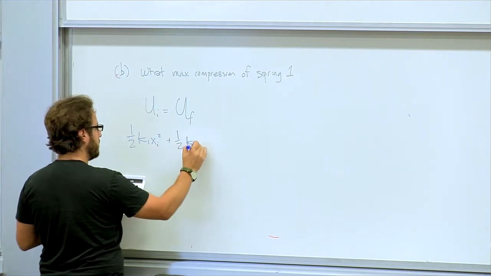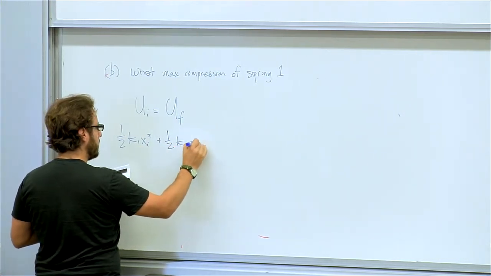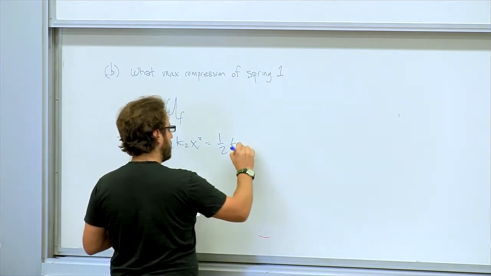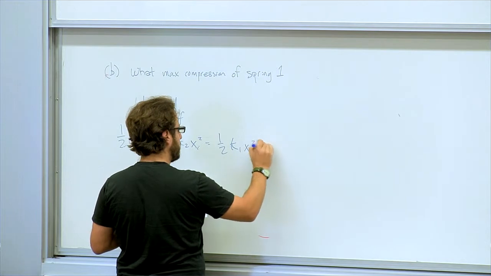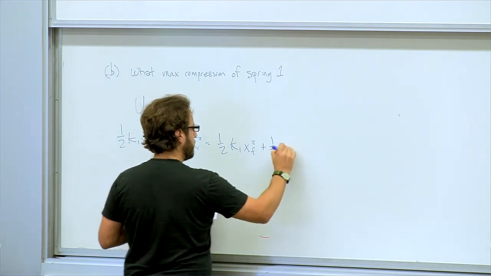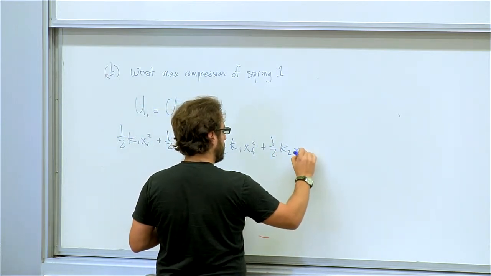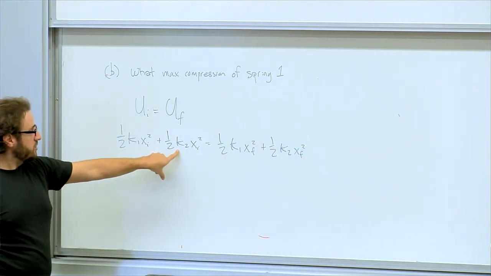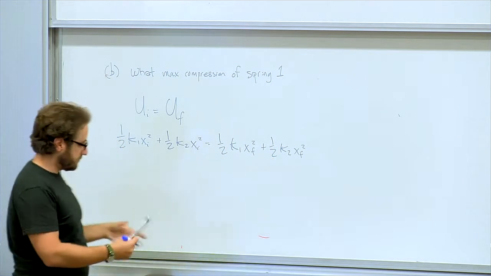So make this x initial and x final. Both springs give potential energy in both cases.